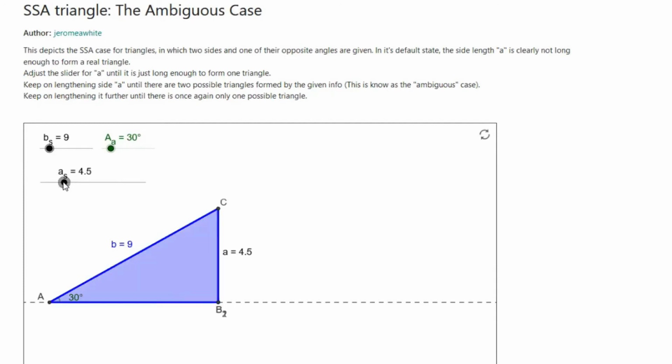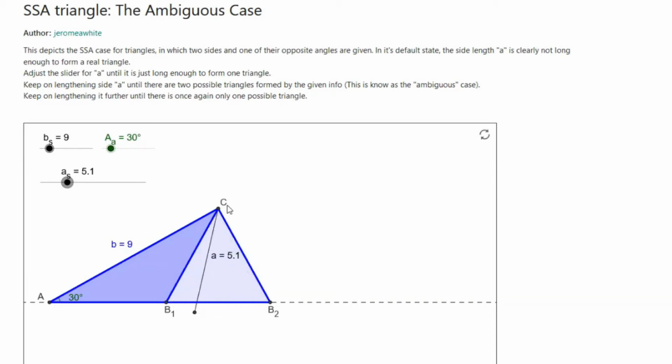what kind of triangle do I make? It's a right triangle. There's only one solution, but that's only if these two are related by the sine of this angle directly. Once a gets longer than that, notice that this length can swing to two different positions and actually form a triangle. There's actually two triangles here that are possible.